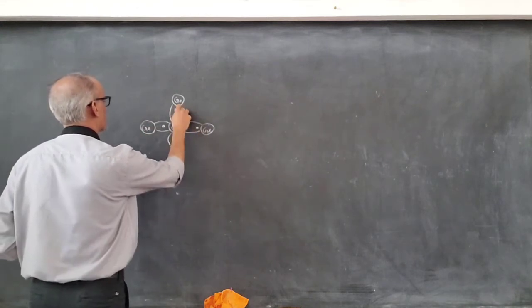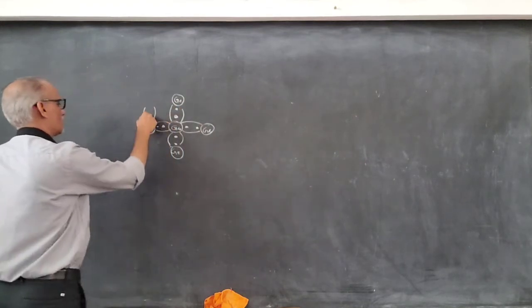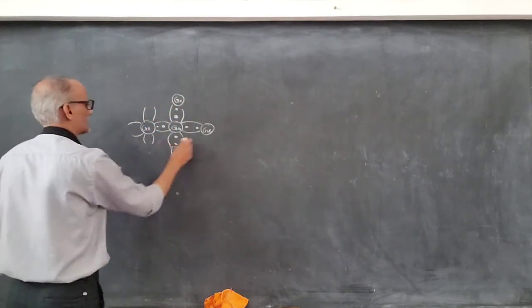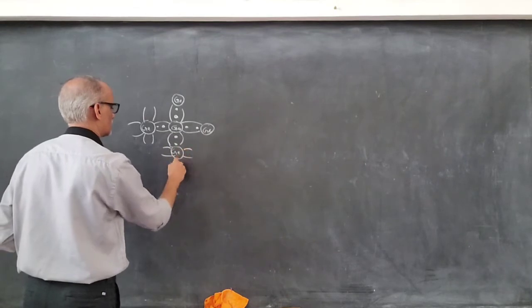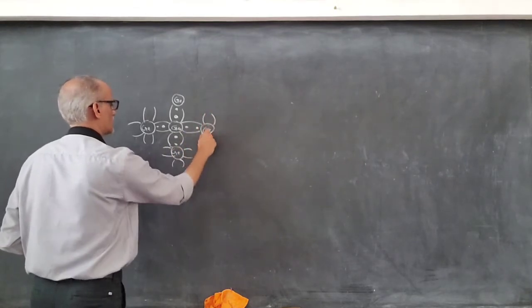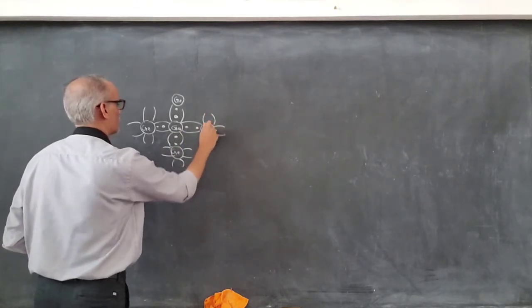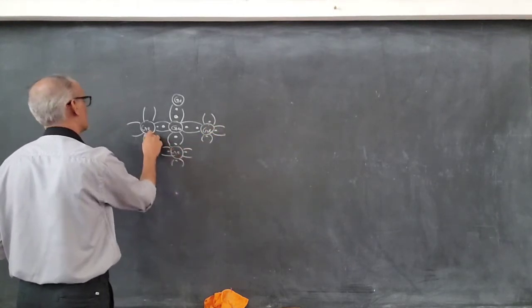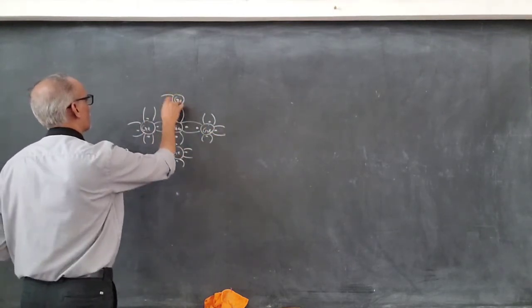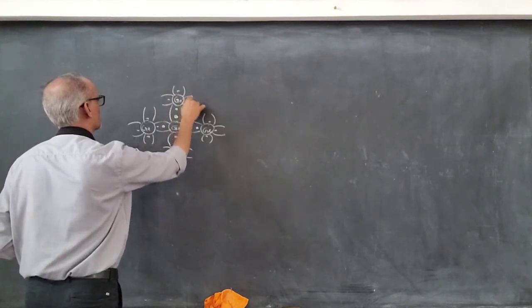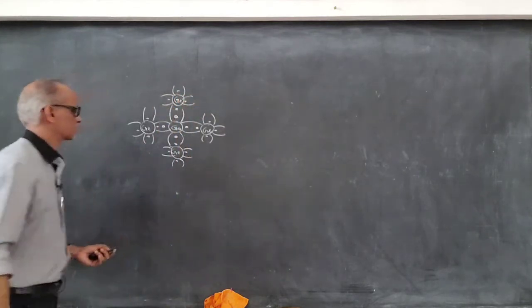It forms a covalent bond like this, and a pair of electrons is shared to form the covalent bond. So, this is the bond structure of a semiconductor.